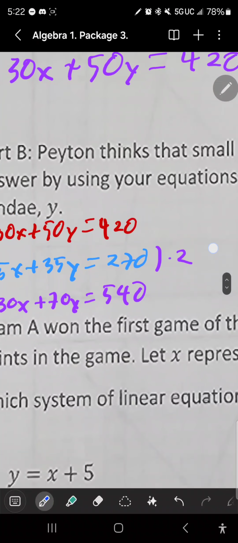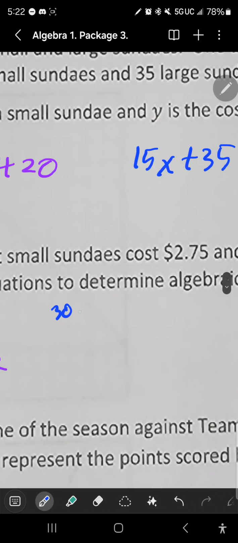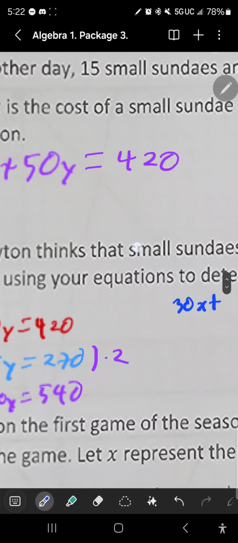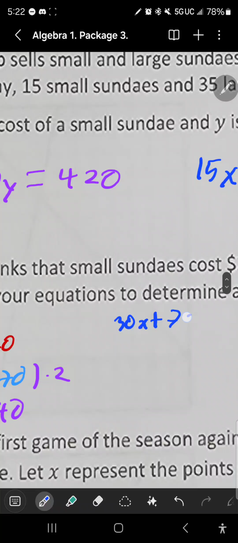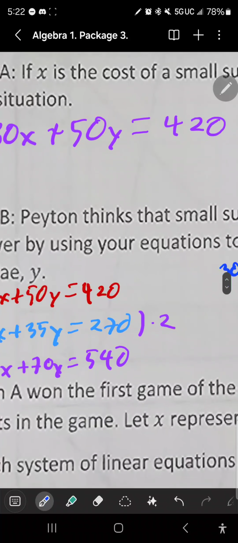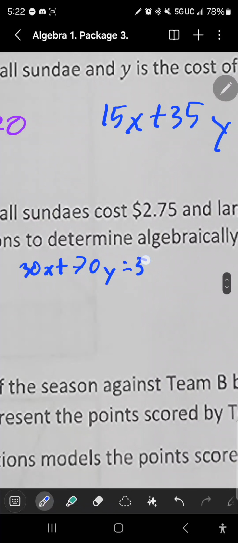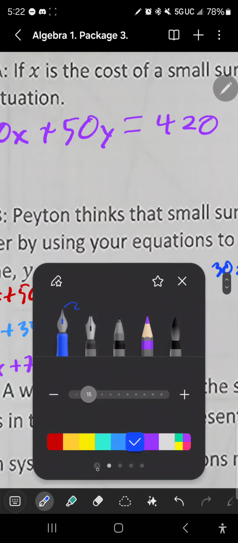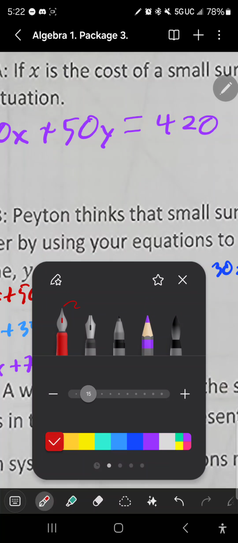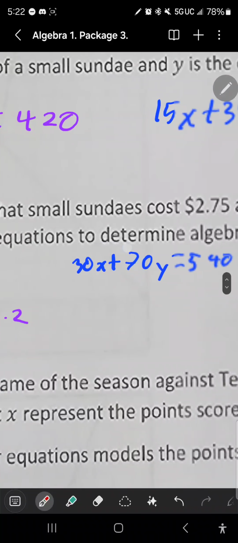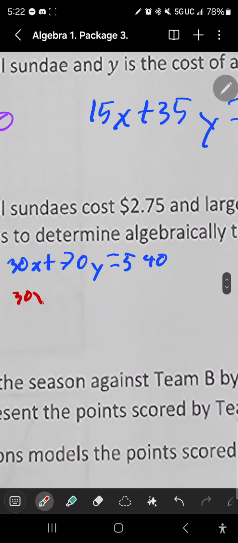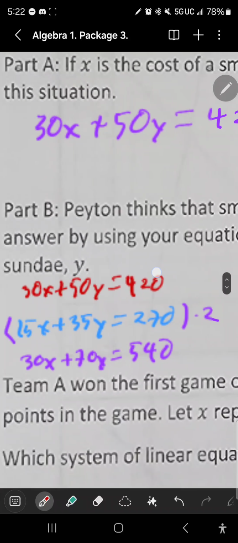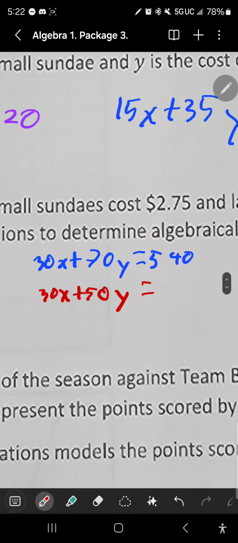And now I could say 30x plus 70y equal 540. And then my other equation will be 3x plus 50y equal 420.